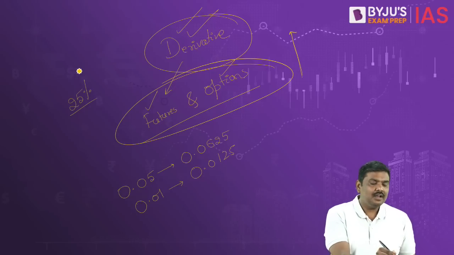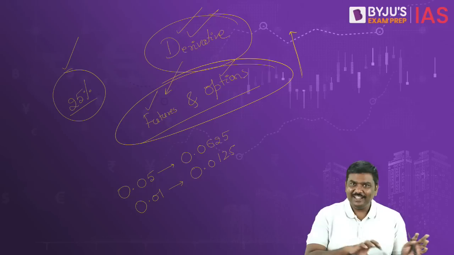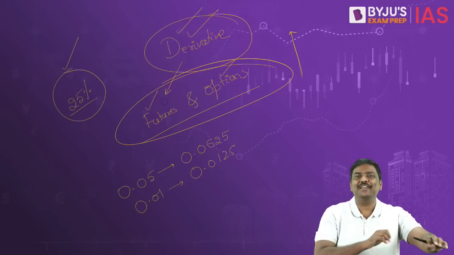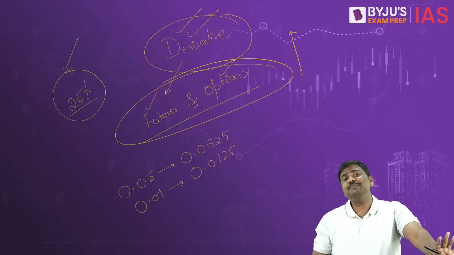In essence, on an average, the tax rate has been increased by 25%. Use the CSAT methodology, you will get what I am talking about. So on an average, the STT has been increased by 25%.